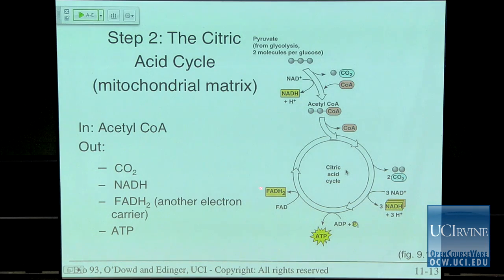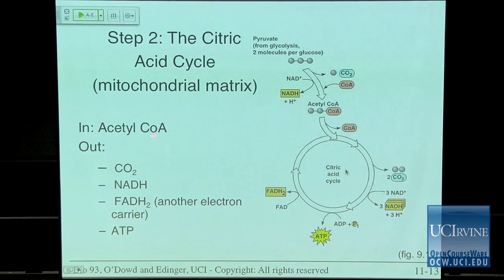And there's a second electron carrier involved here, FAD, that turns into FADH2. Again, it accepts electrons in the form of hydrogens with their electrons, and then transports them to the electron transport chain. So it works very much the same way that NAD conversion to NADH does.